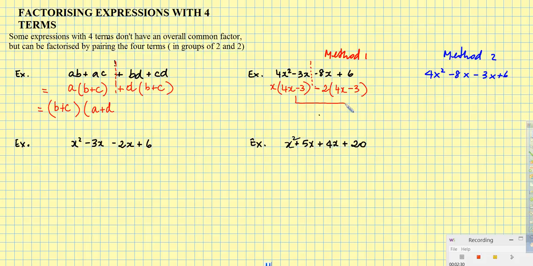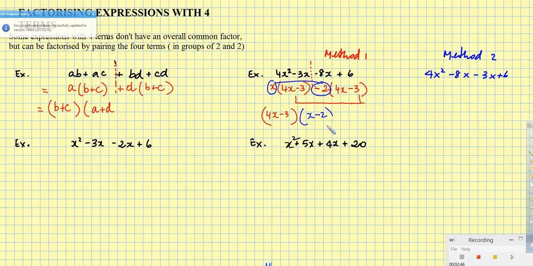Now again, these two are identical, so I can remove the term that is the same, 4x - 3, and what's left over is x - 2. So my final answer is (4x - 3)(x - 2).